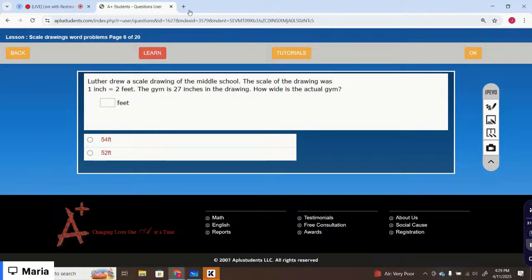That is 54 feet. Option number one is the correct option.